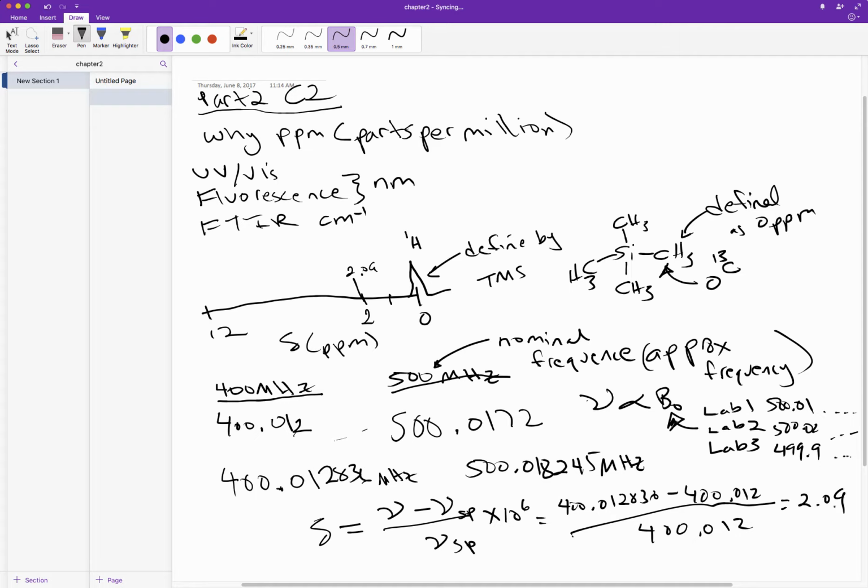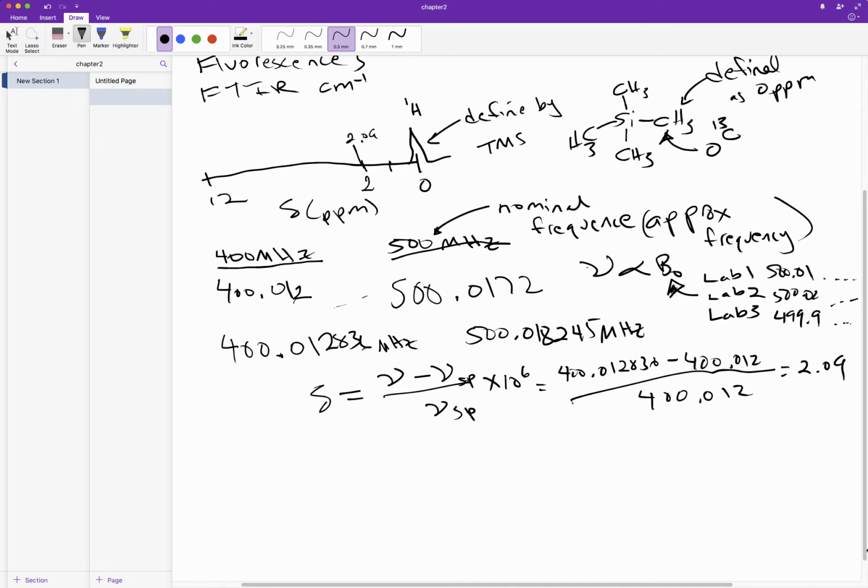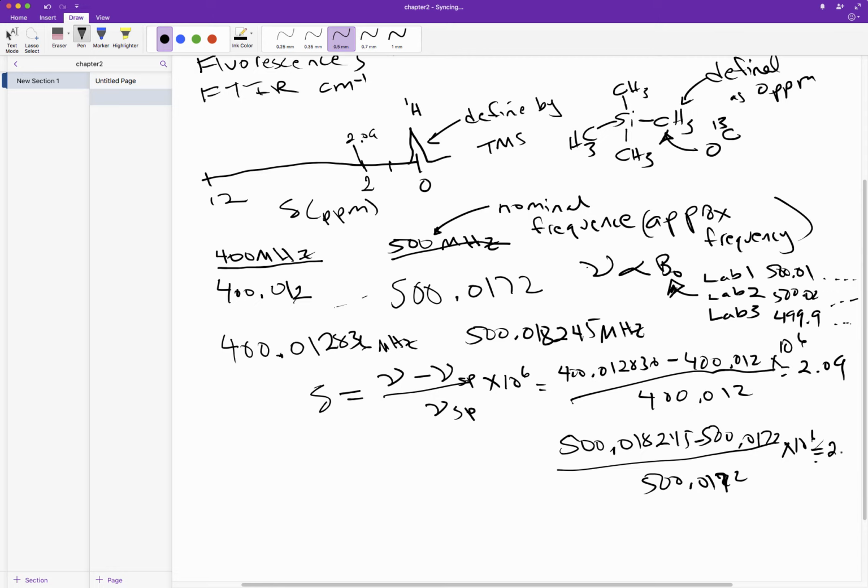And likewise, if you did that with the 500 megahertz spectrometer, where you put in 500.018245 minus the spectrometer's frequency, 500.0172, divided by 500.0172, times a million, you're going to get 2.09.